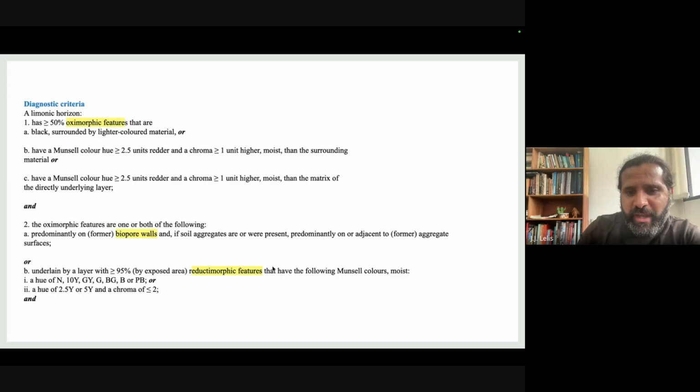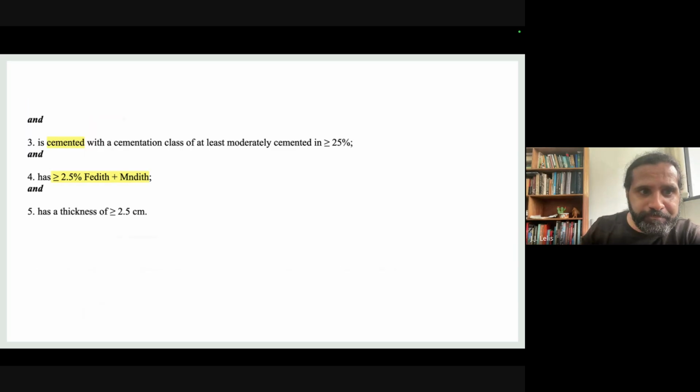Reductimorphic features have the following Munsell colors when moist: a hue of N, 10Y, GY, GP, GB, or PB, or a hue of 2.5Y or 5Y and a chroma equal to or below 2. Okay, so we must register colors that express reducing features.